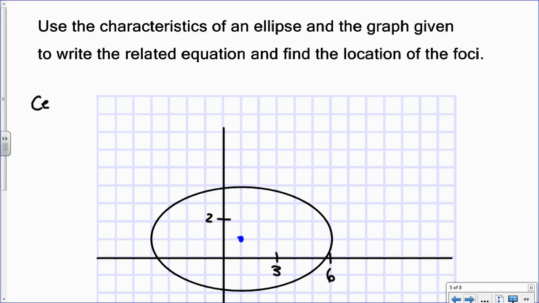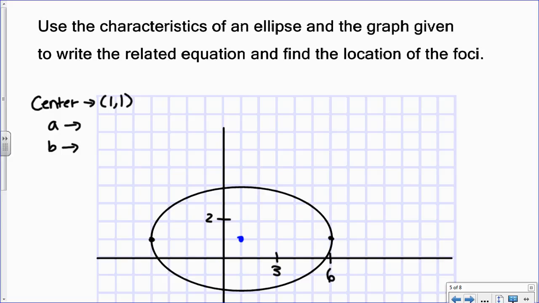Okay, so to write the equation, we want the center, A, and B. So my center is 1, 1. And I want A and B. So A would be the horizontal distance from the center.